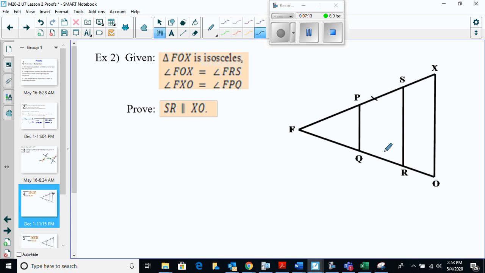So this side here, we can say that FO is equal to FX, which means that angle FXO is equal to angle FOX. So those two angles are equal to each other.